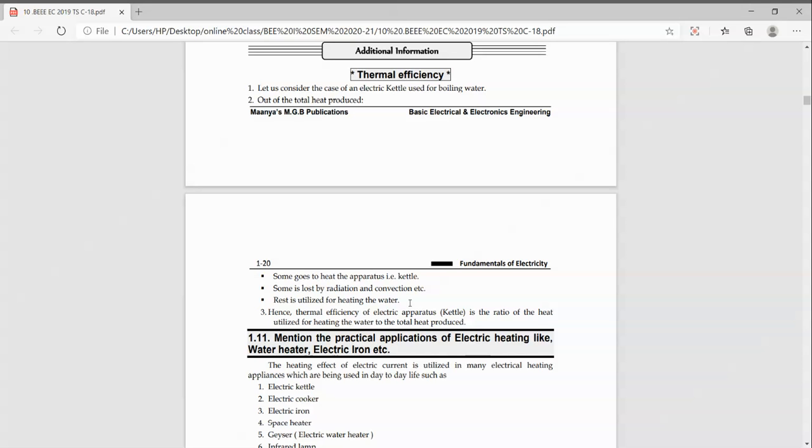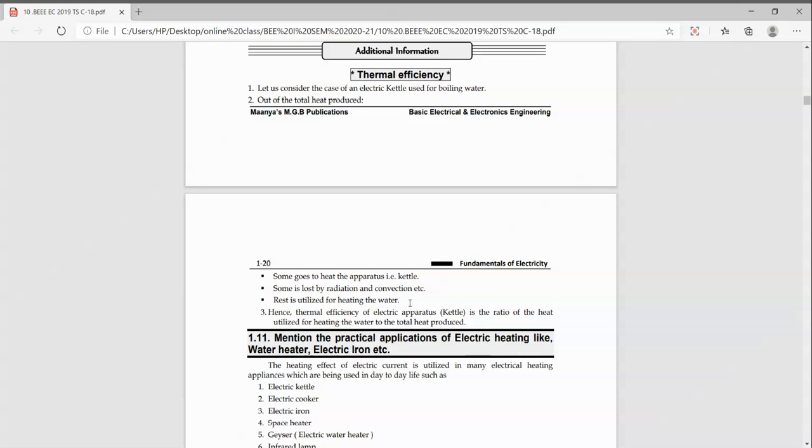Heat might be, for example, if we take a kettle, you can take a heater also. If you take a heater, what happens? The power which is consumed for heating of the water, in that heating, what is our requirement? Water should get boiled.